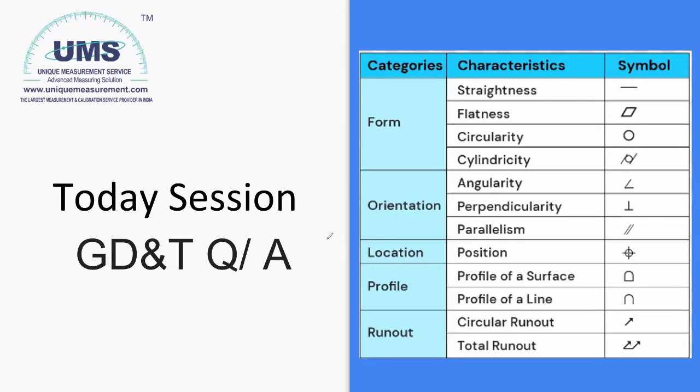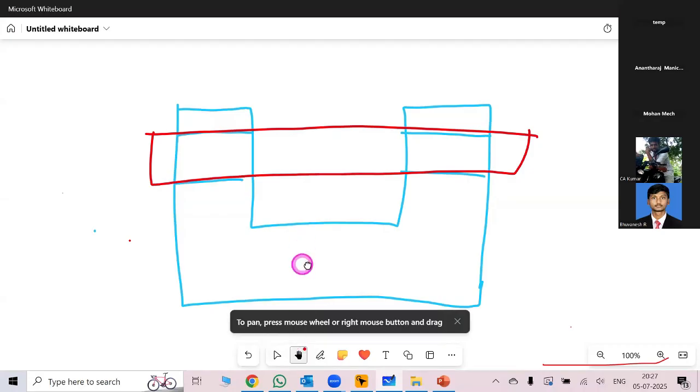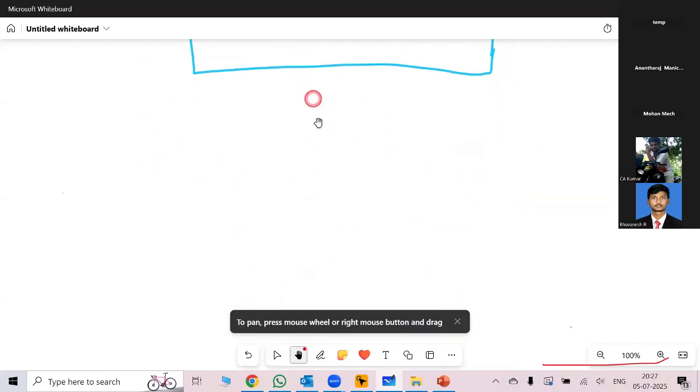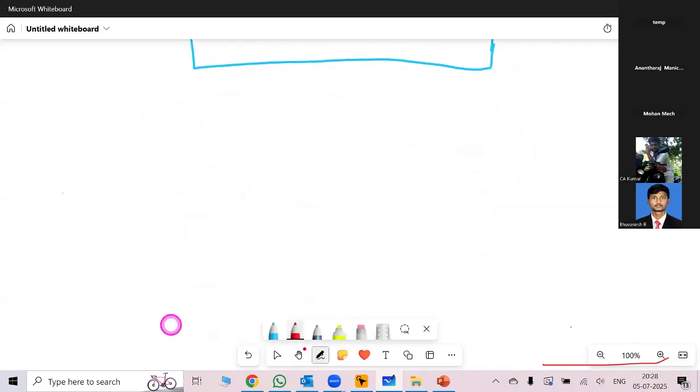Now, let us take one example. We have a part like this. There is one hole this side and another hole this side. I want to assemble a pin. This is my assembly and functional requirement. But because of manufacturing difficulty and so many other constraints, we may end up getting a part like this.